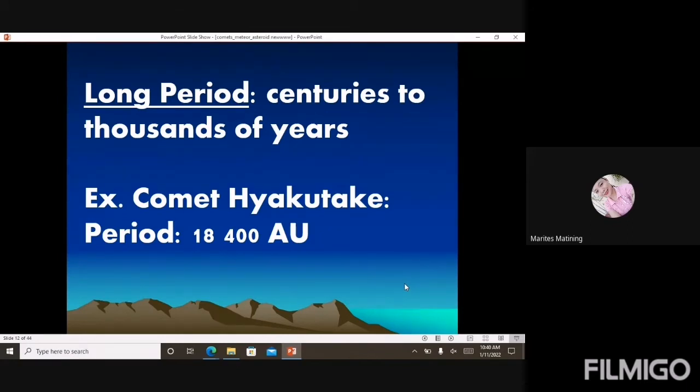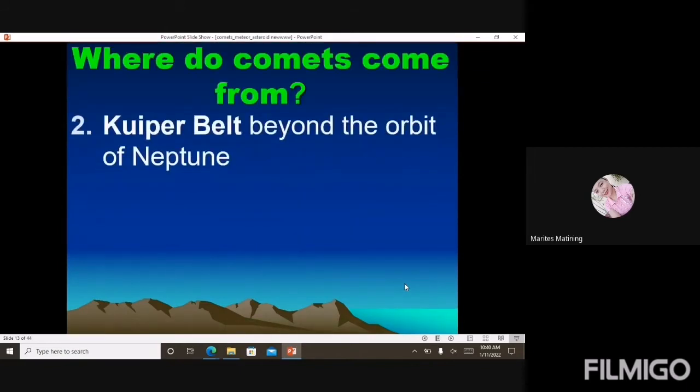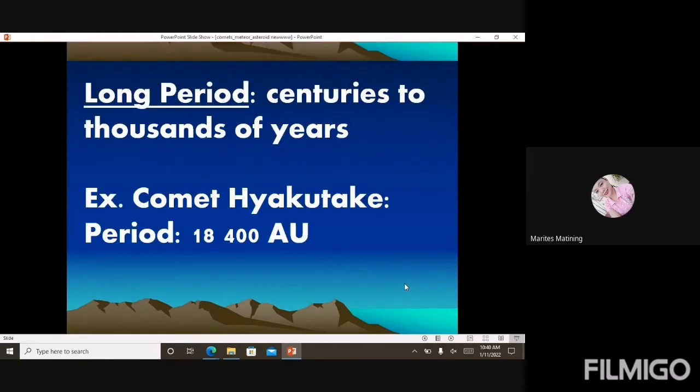So, example ng ating long period comets, kung saan centuries to thousands of years sila, we have the comet Hyakutake. Ayan. So, period 18,400 AU. Si Comet Hyakutake ay galing sa Oort cloud.